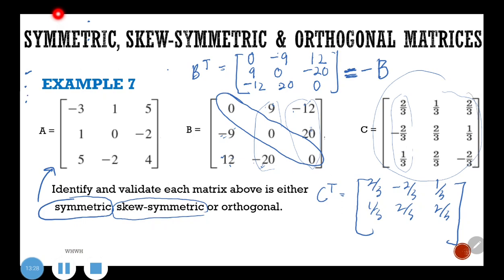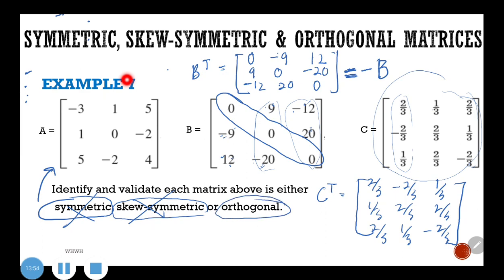And the third row here 2/3, 1/3, negatif 2/3. Ada nampak tak? Sama tak dengan C? 2/3, negatif 2/3 dah lain dah ni. 1/3, 2/3 dah lain. So it seems that it's not symmetry, it's not skew symmetry. So most probably it can be orthogonal.